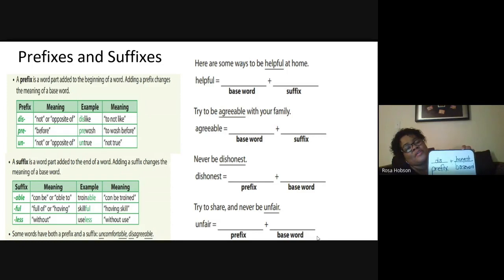And let's try the next one. Try to share and never be unfair. Let's break that down. Prefix and base word.